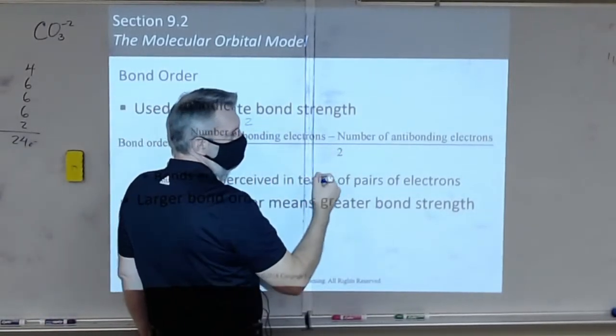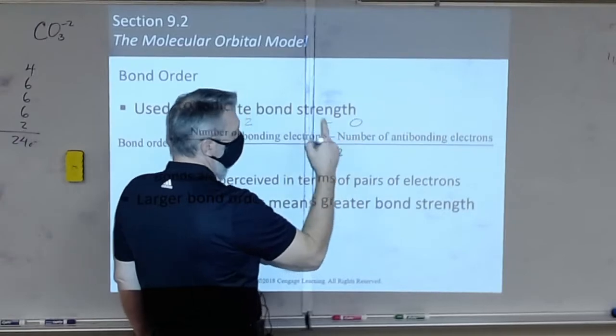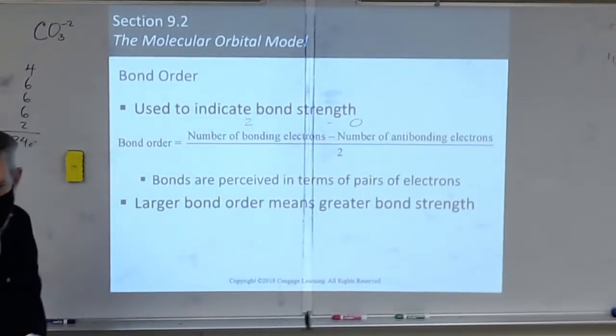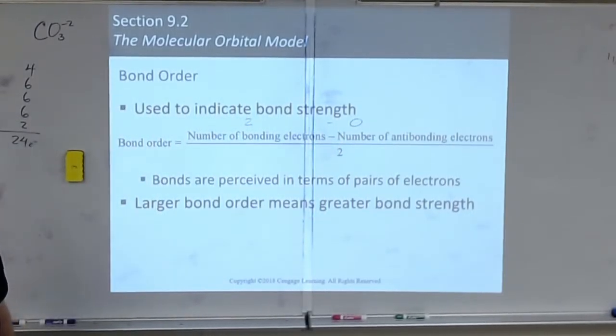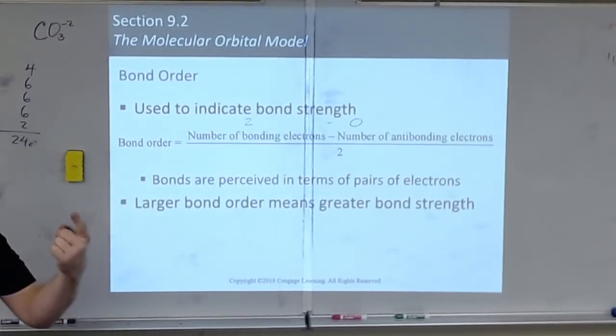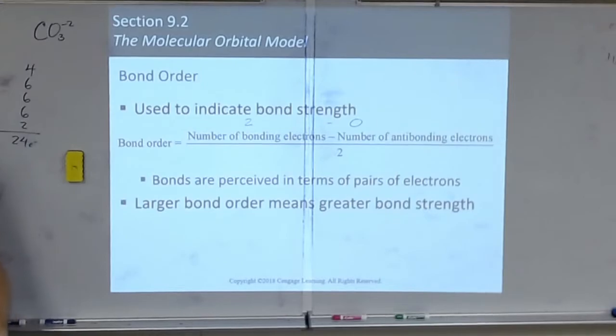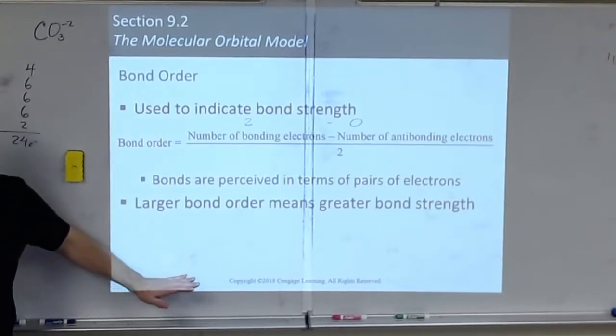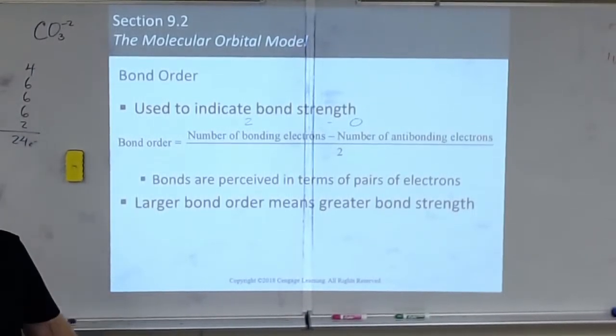How many antibonding? 0. 2 minus 0 is 2. And 2 divided by 2 is 1. Hydrogen H2 has a single bond. Is it possible for bond order to become negative? No. Because you're always filling from the bottom first and your bottom is your bonding. You can have it as 0, which tells you the bond doesn't happen.